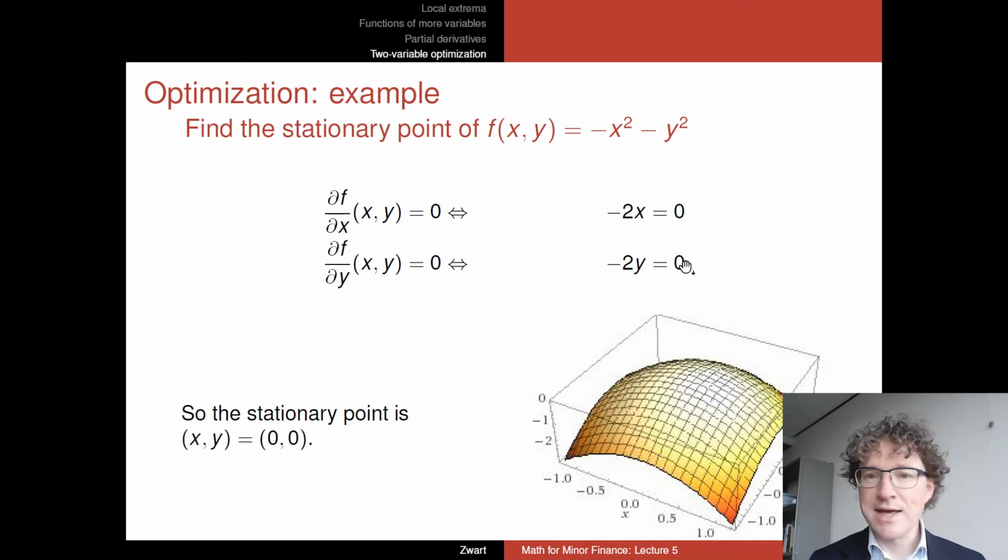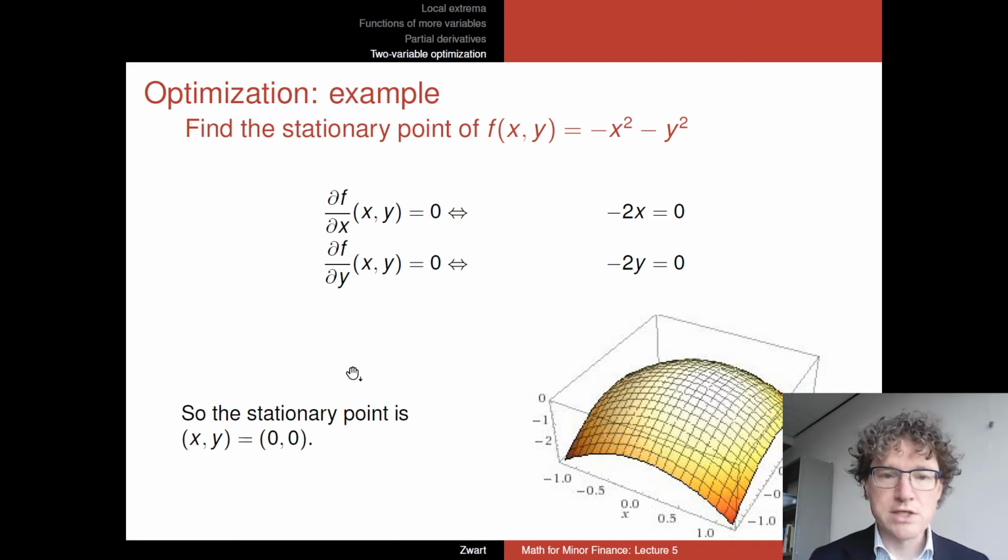And now I'm asking, can I find an x and a y together which solve both these equations at the same time? And you can easily see there's just one combination of x and y that solves both these first order conditions, because x must be 0 and y must be 0 at the same time.